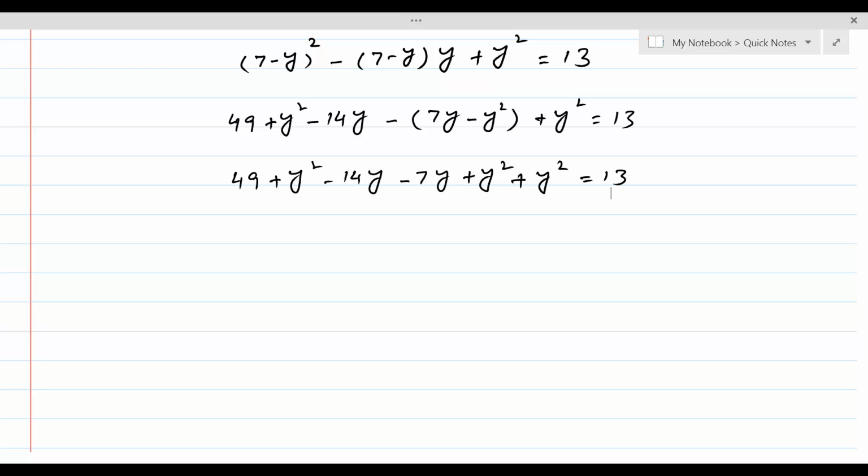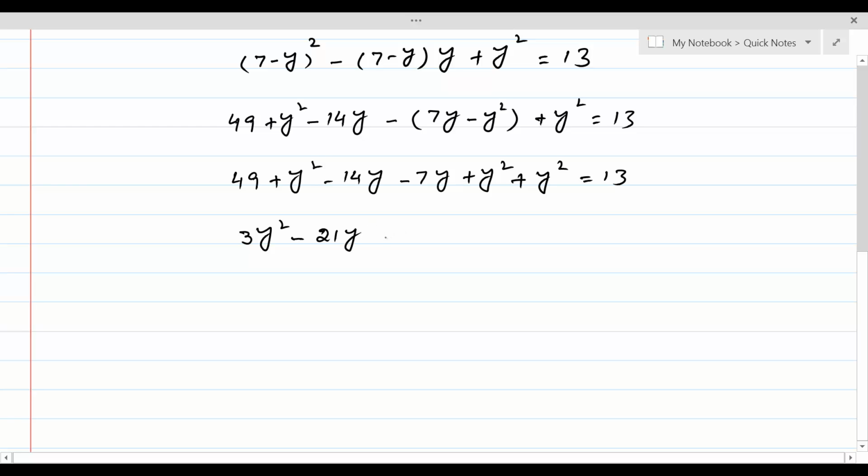Now we will summarize this and add up terms which can be added. y² terms could be added. So this will give us 3y². And −14y and −7y will become −21y.